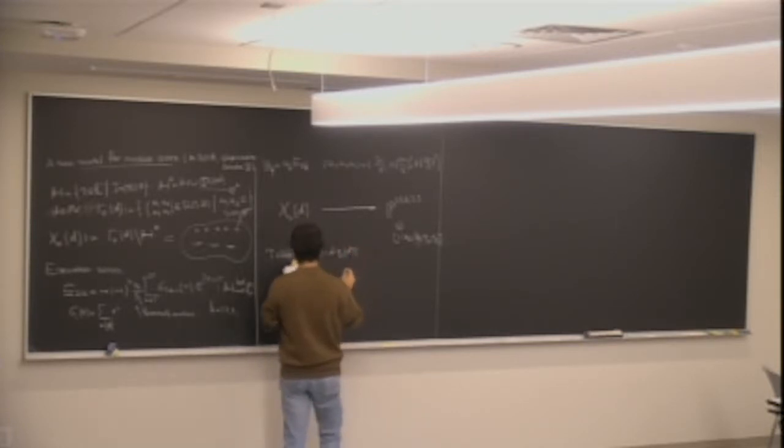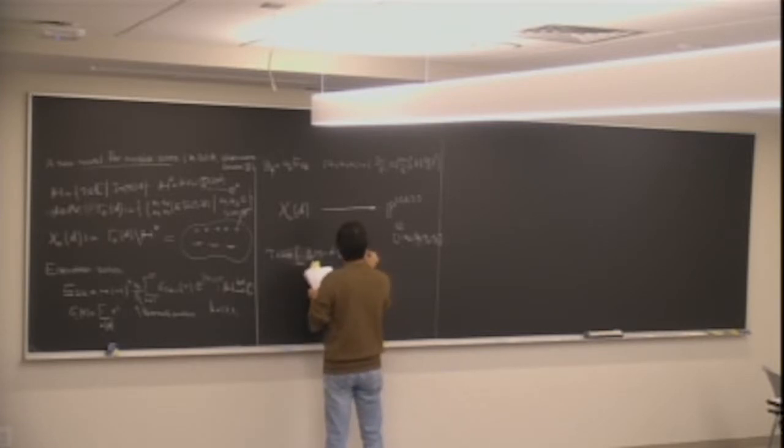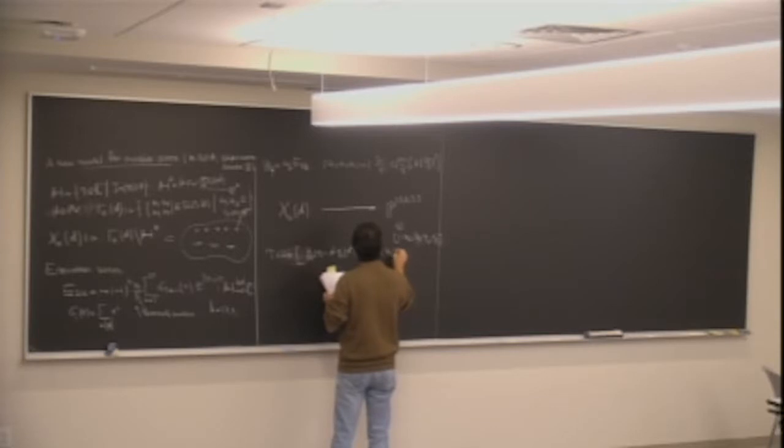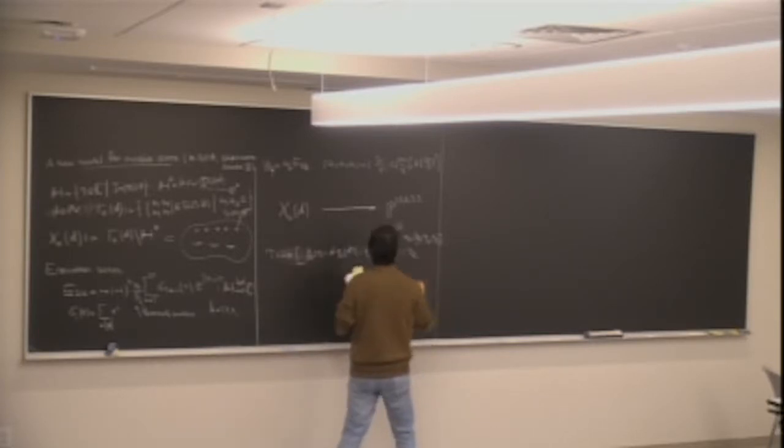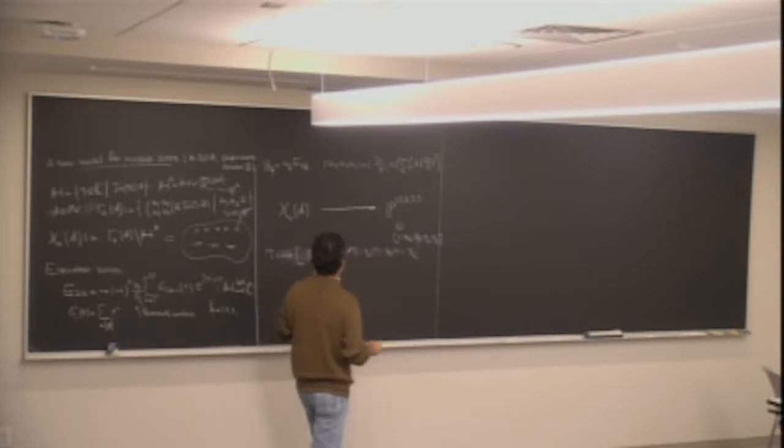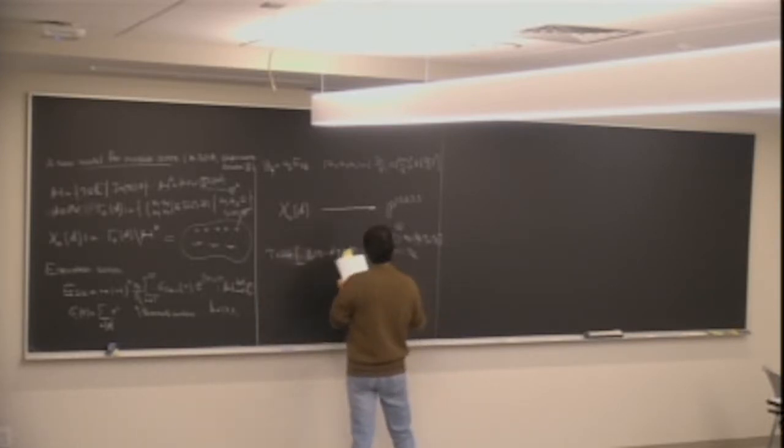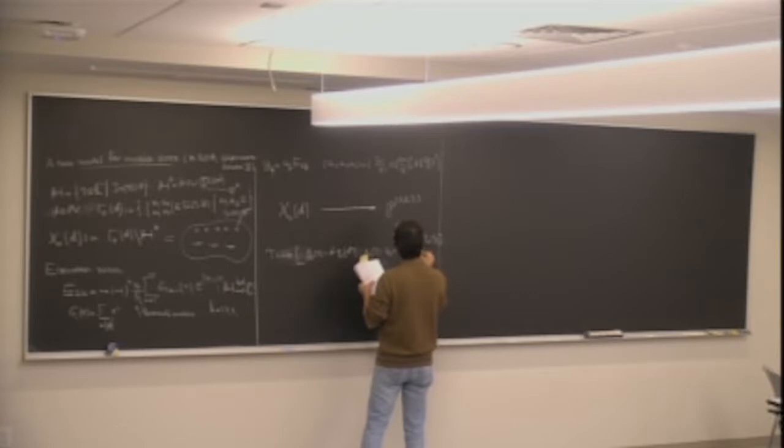Maybe I need to write it and then I explain. And then G2 tau, G3 tau, and then G2, d G2 over d tau, and G3 and its derivative.